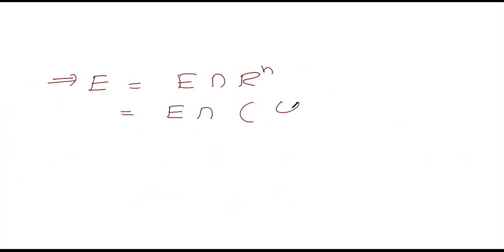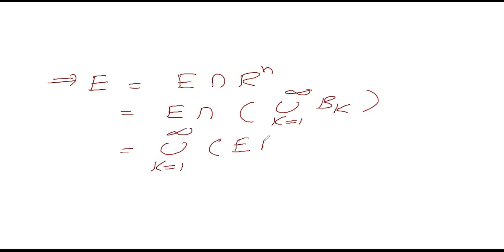So this implies that E is actually equal to E intersection Rn, which is equal to E intersection the union over k from 1 to infinity of Bk, which is equal to the union over k from 1 to infinity of E intersection Bk.